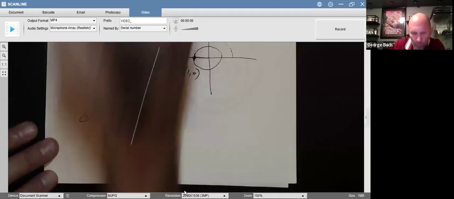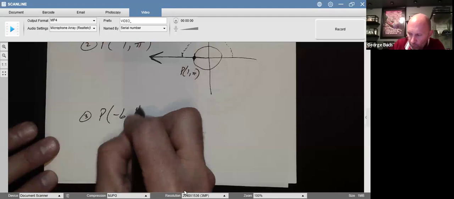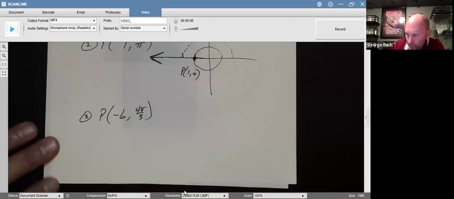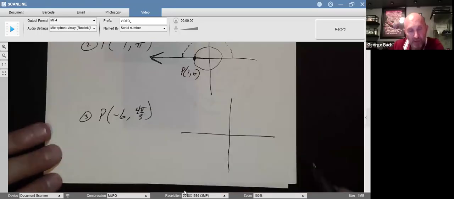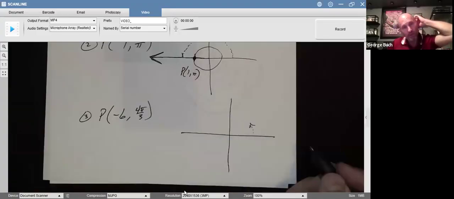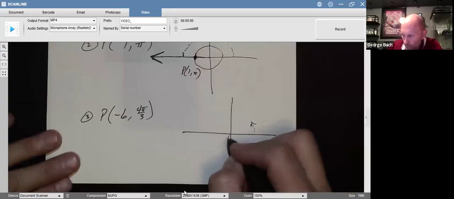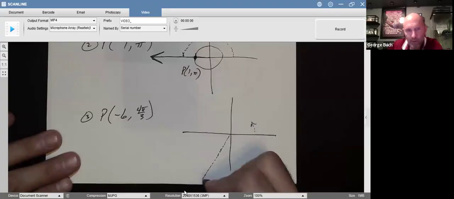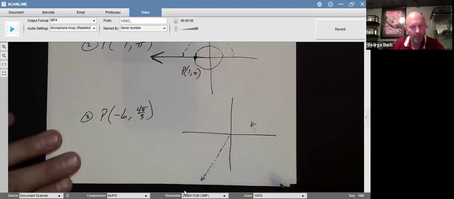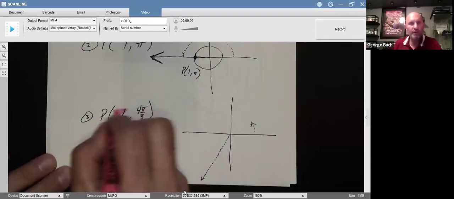And then lastly, if my point is negative 6, 4 pi over 3. So 4 pi over 3, that's positive, so I'm moving counterclockwise. And if I look at my unit circle, 4 pi over 3 is where? It's down here, down in quadrant 3. So this is my direction of theta, but I have to be careful now because my r is negative.